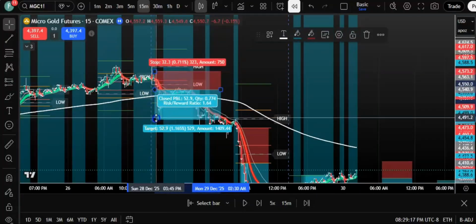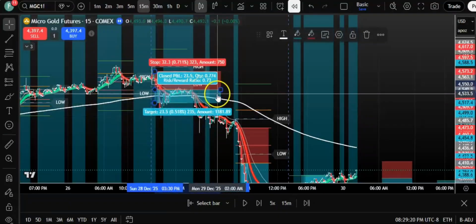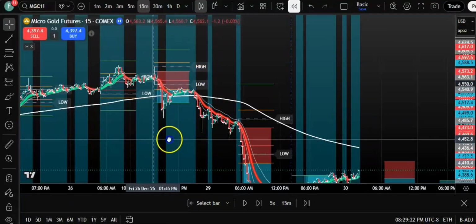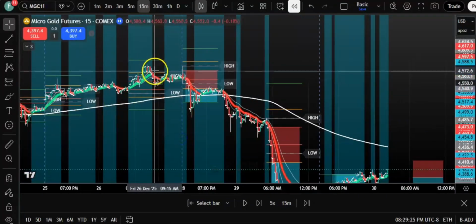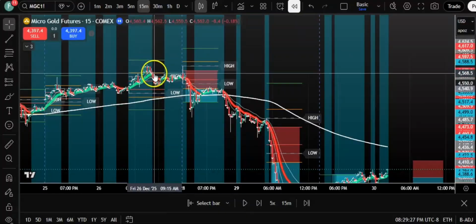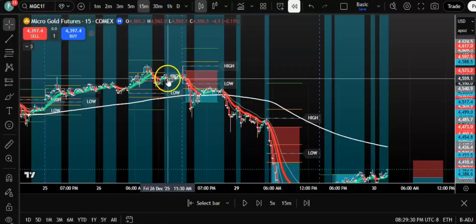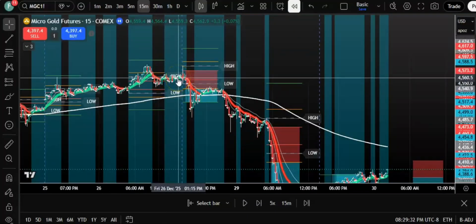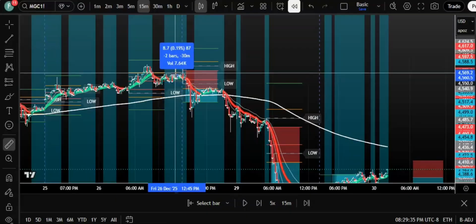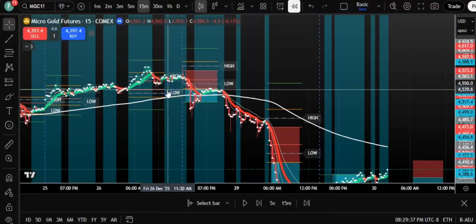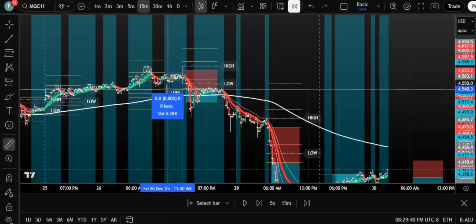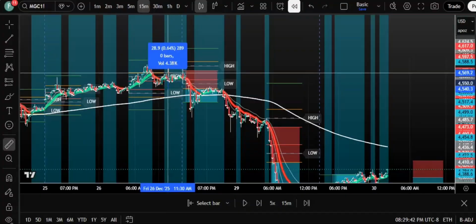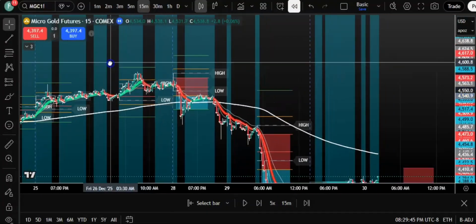Let's see. This one, it was close, but then came back down, and you would have got a small loss if you got out right here. Yeah, very small loss. 87 ticks compared to what you originally were risking, which is 290 ticks around there.